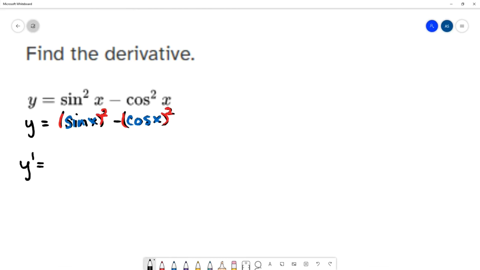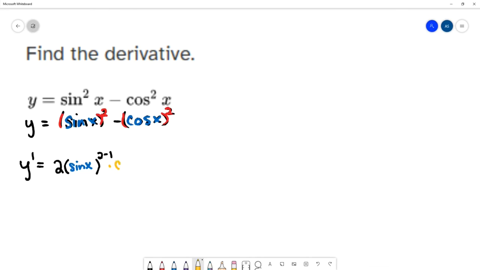With the chain rule, you always start by calculating the derivative on the outside function. Since our outside function is a power, I'll use the power rule. We bring that power down and we take one away from the power. We want to leave the inside function alone and chain by multiplying by the derivative of the inside.